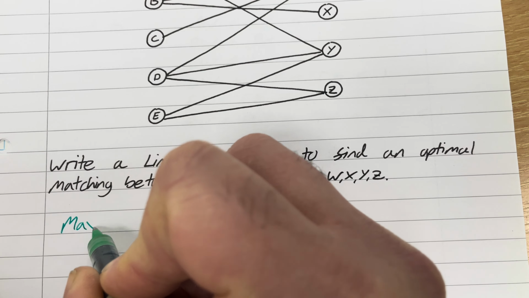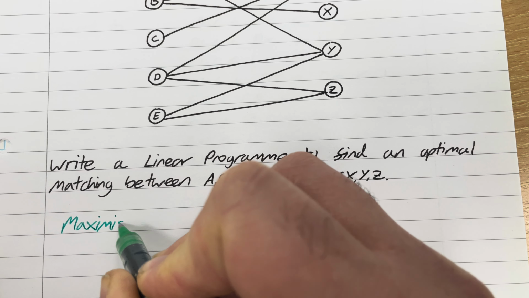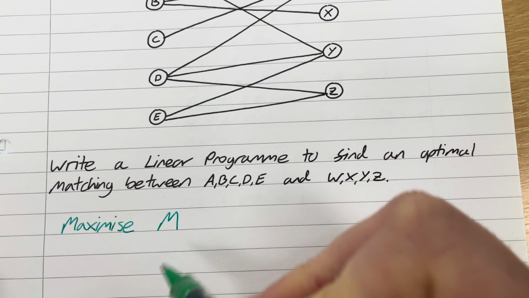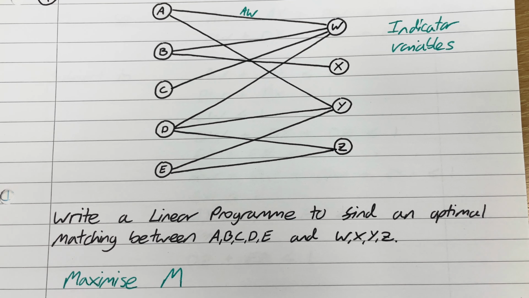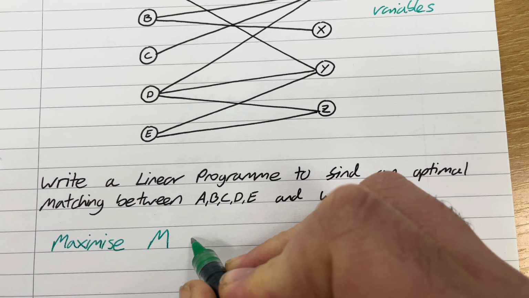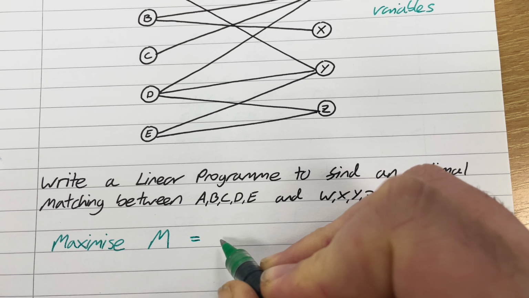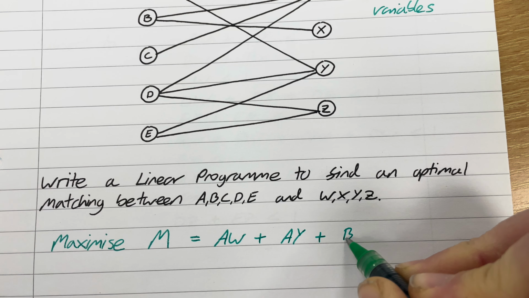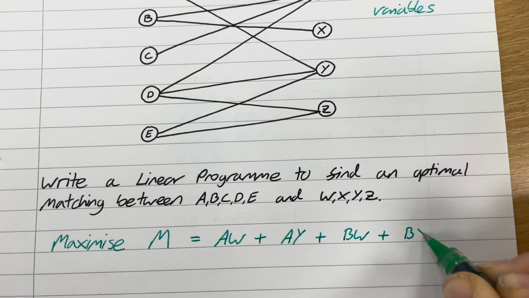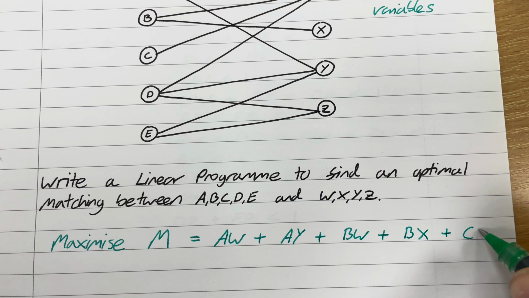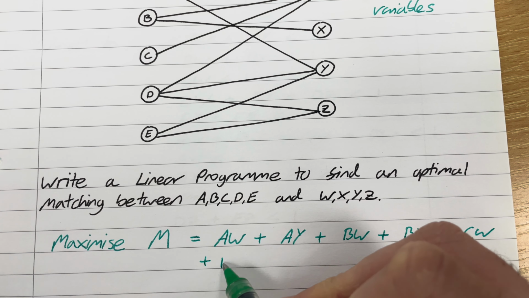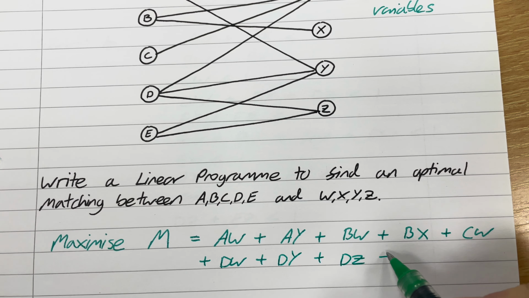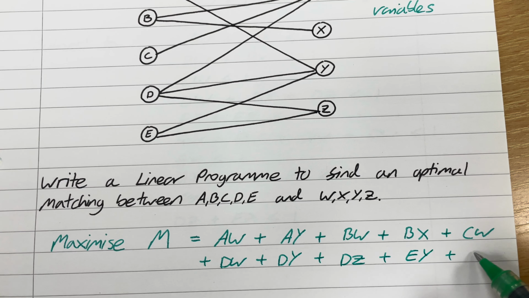Now we want to maximize the matching. That's what it means to optimize a match. So you want to maximize the number of matchings. I'm just going to call it M, but you can call it P or whatever, or maybe the question will tell you what to call it. And we want to maximize the number of arcs that are going to be used. So that's going to be defined as AW plus AY plus BW plus BX plus CW plus DW plus DY plus DZ plus EY plus EZ.